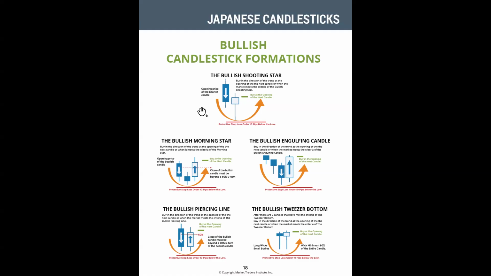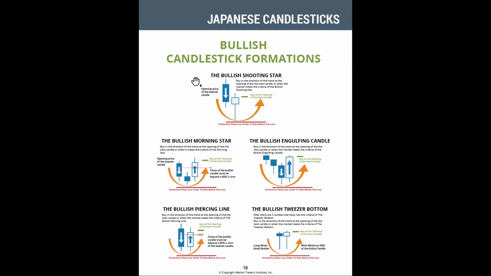Candlestick pattern and candlestick formation are basically the same thing. These are candlesticks that enable you to make a decision whether you want to trade the market or not. And you need to have it in mind that every time you see a candlestick formation, the next thing that comes to your mind is a U-turn. That is, the market is going to make a U-turn.